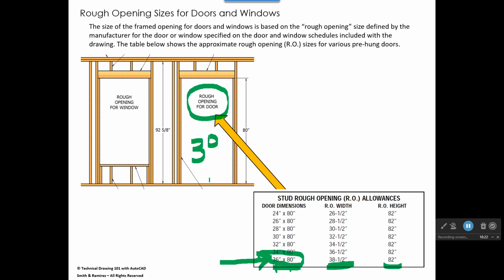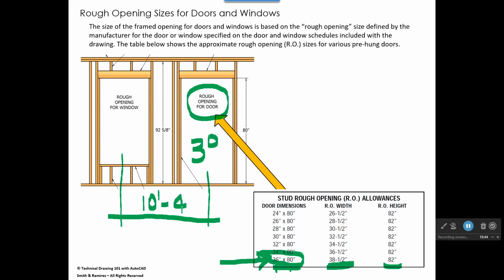But if we assume they're framing with lumber, what we would do is we would put a dimension to the center of this door, and then we would go to the center of this window, and then we would have our dimension line, and then let's say that that's 10 feet. You would write in here 10, put a foot mark and a dash. Let's say it's 10 feet 4.